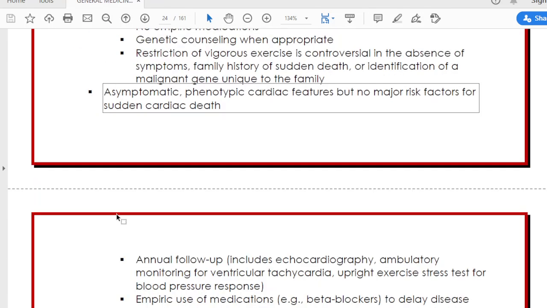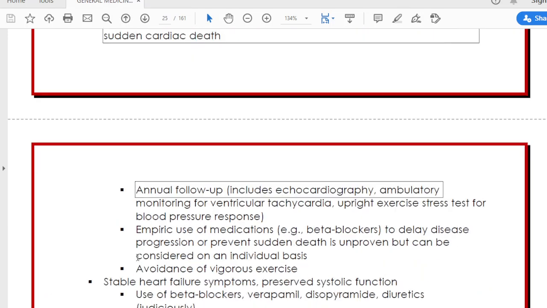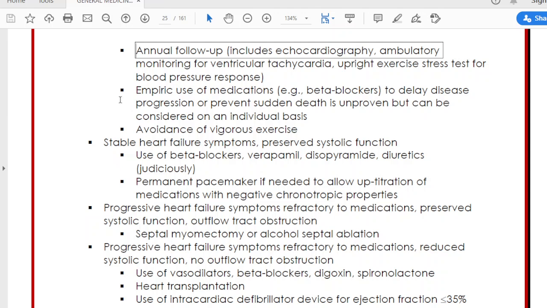Asymptomatic, phenotypic cardiac features but no major risk factors for sudden cardiac death. Annual follow-up includes echocardiography, ambulatory monitoring for ventricular tachycardia, upright exercise stress test for blood pressure response. Empiric use of medications, for example beta blockers, to delay disease progression or prevent sudden death is unproven but can be considered on an individual basis.